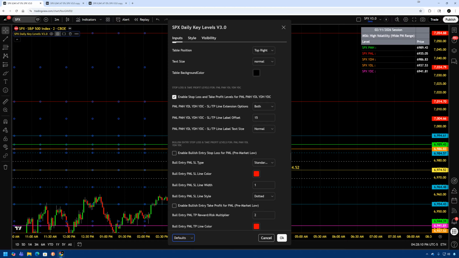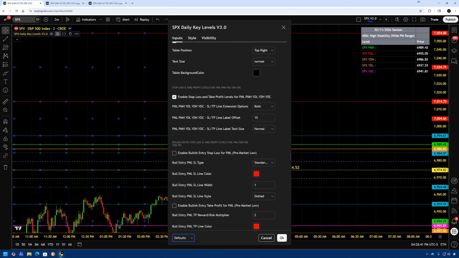Now, you may find that you prefer actually taking bullish or bearish trades off of any one or a couple of the different levels, the PML, PMH, YDL, YDH, and YDC levels. You may also find that you prefer that over taking trades off the regular main key levels, the bull bear key price level, and the main R levels and S levels.